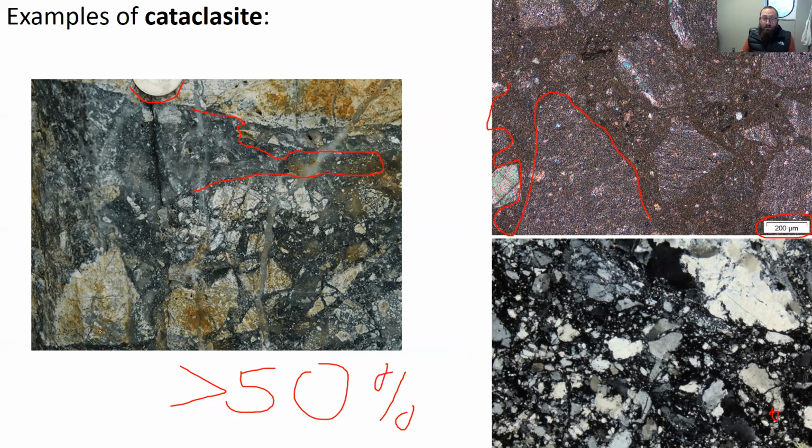And as I mentioned, they have this fractal character, meaning that at all scales, from hand sample here to thin section to zoomed even in further, they all have this brecciated and fragmented texture with about 50% matrix and matrix support versus clast support, like in our breccia class of fault rocks.